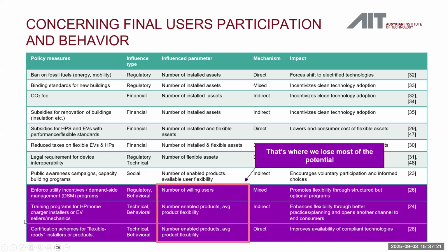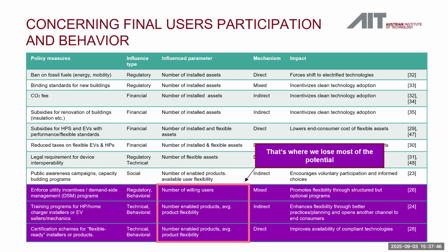So for instance, if suppliers or aggregators are enforced to provide more demand-side management programs and variable tariffs, then the users have a broader range to choose from, and then the acceptability would rise, and the willingness of users as well, or might rise.